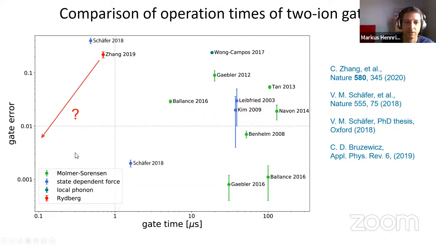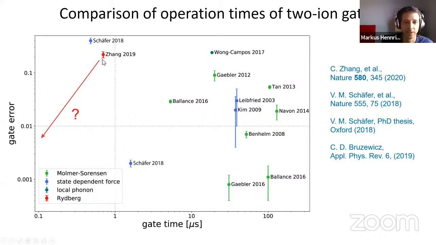So we are not the fastest. The Oxford group is still a little bit faster than us. But I think our gate is not limited at that point, while the motional gate gets quite more complicated if you want to make it faster than the oscillation period of your ion motion. And that's the regime where you would need to operate.